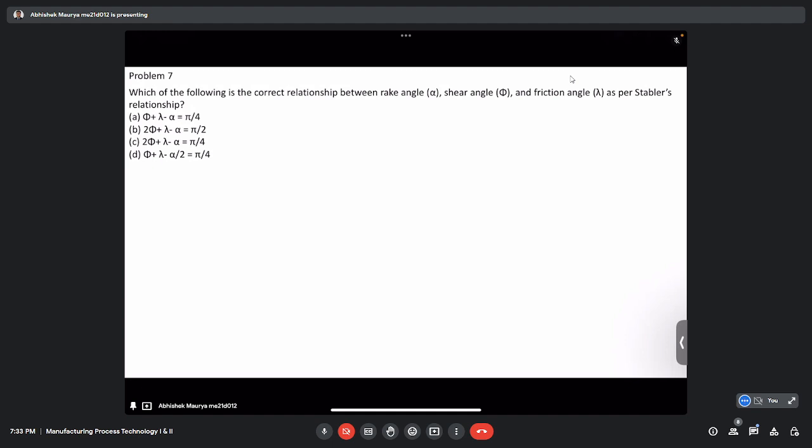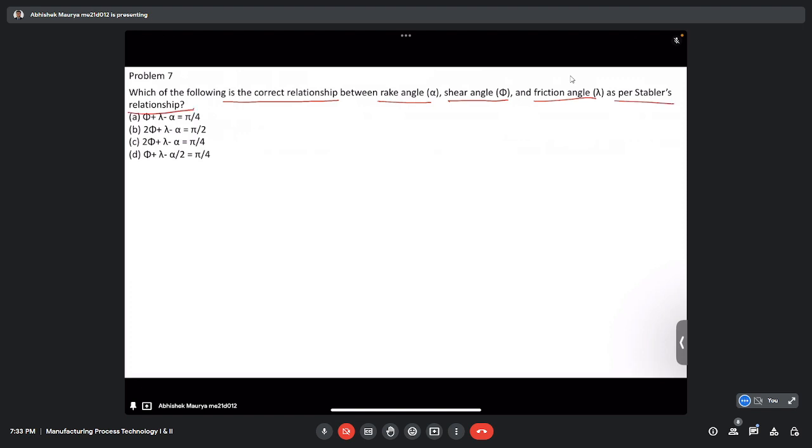Still, I will quickly let you know what the others are. Which of the following is the correct relationship between the rake angle alpha and shear angle phi and friction angle lambda as per the Stabler's relationship?